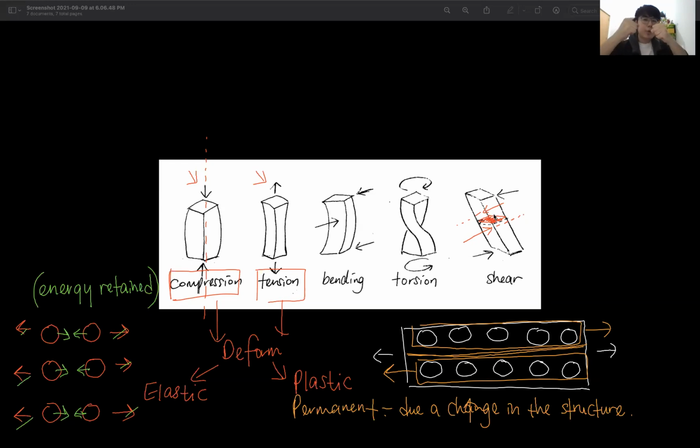More energy is lost to heat and the object cannot return. No more energy stored in the material, so the material cannot do work. It remains plastically deformed, does not return to original position. So here we say energy lost into thermal.